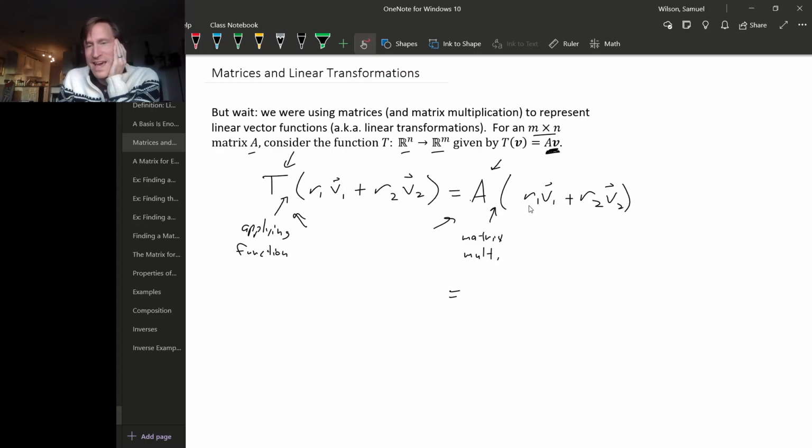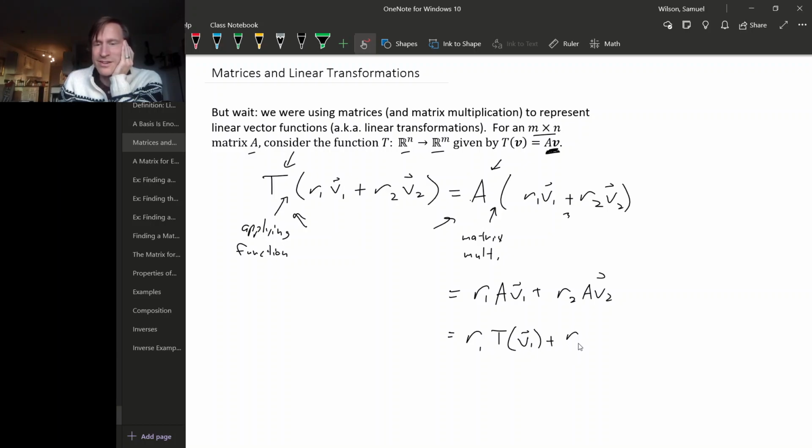We can distribute the A across the sum, and then we can move the scalar multiple to the left of the matrix multiplication, and that gives us R1 A v1 plus R2 A times v2. But A times v1, that's exactly the formula for T. So this is T applied to v1.